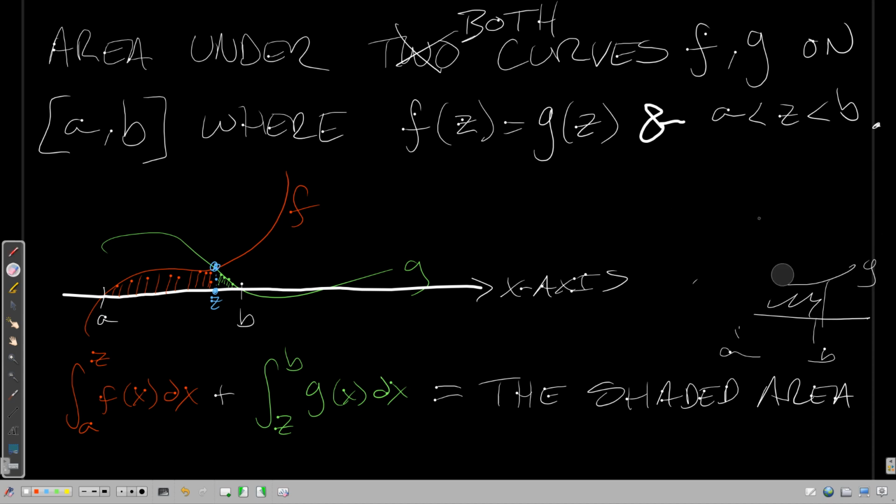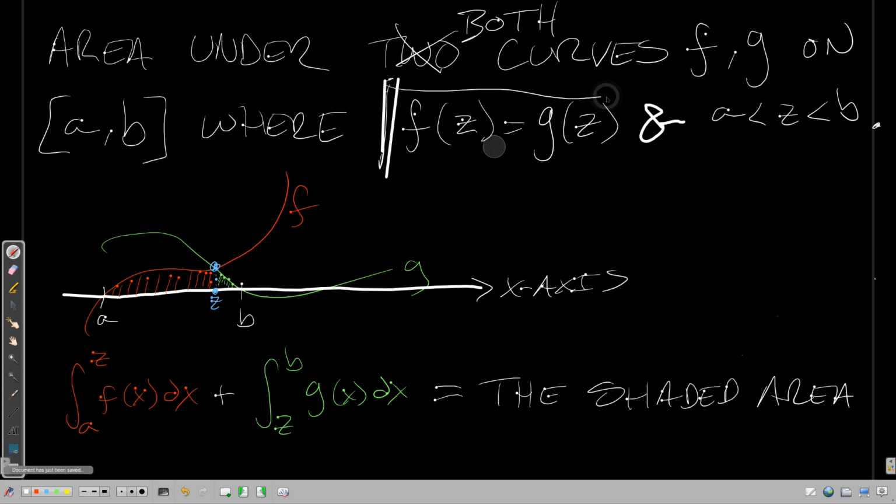So this only becomes tricky if they intersect. If they intersect, this is what that means, to intersect. They have the same y value for some given x value, where that particular value is in our region of integration.